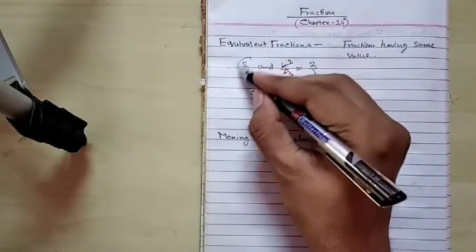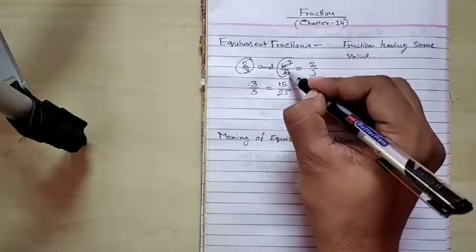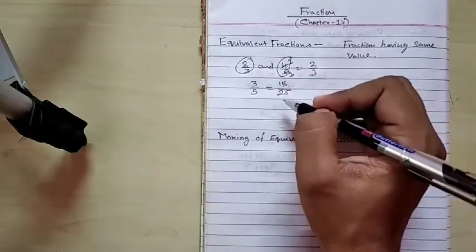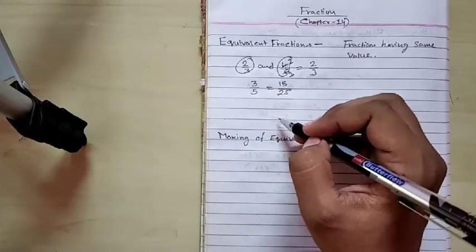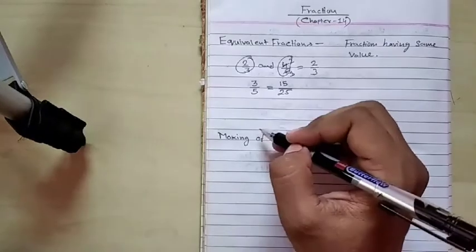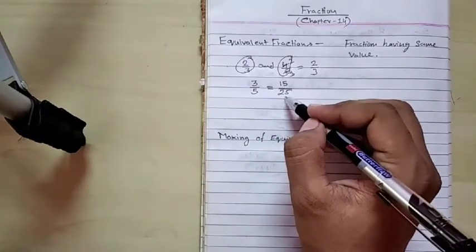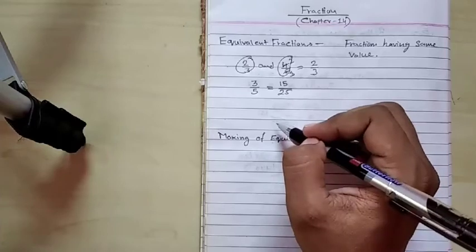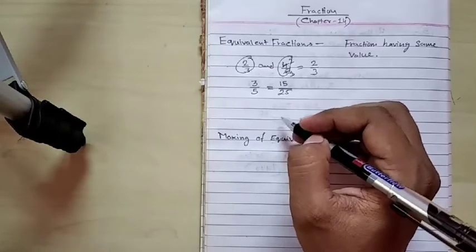So we can say 2 by 3 and 4 by 6 are equivalent fractions because their values are the same. Got it? Now 3 by 5 is equivalent to 15 upon 25. Why?